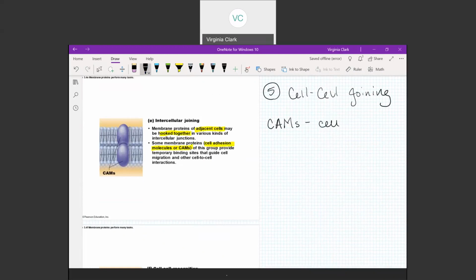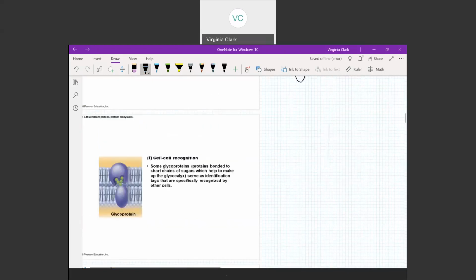So a cell adhesion molecule acts like tape. Here's one plasma membrane. Here's my second plasma membrane. And it will take my protein from here, and it will take my protein from here, and it will glue them together. So that way my cells are now attached.